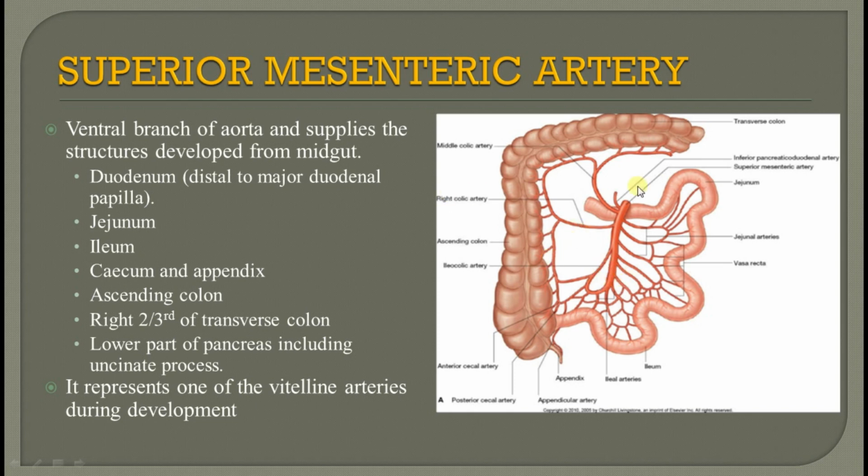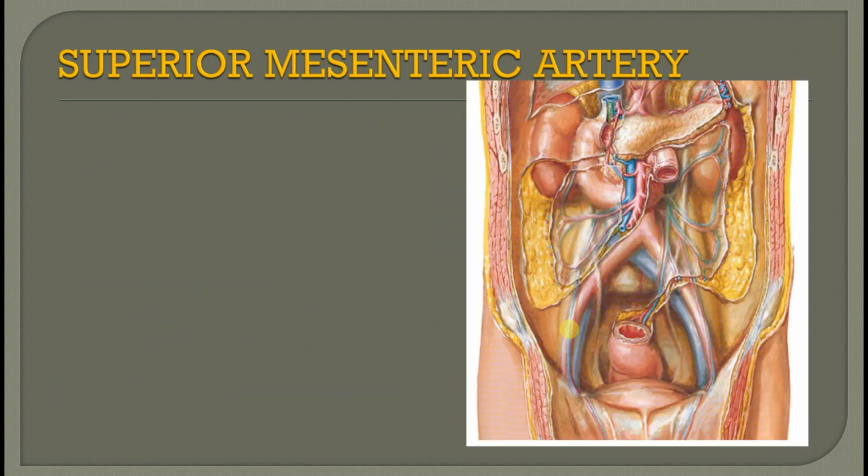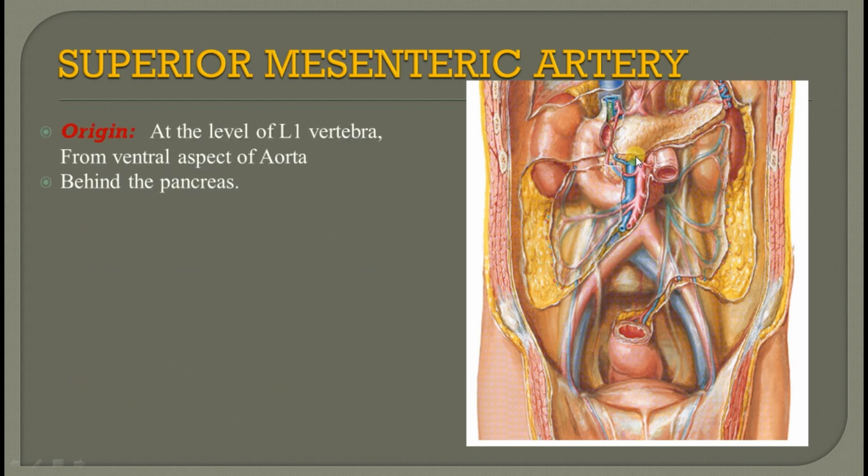One of the vitelline arteries is your superior mesenteric artery, so that is its origin. It originates behind the pancreas at the level of L1 vertebra. The next ventral branch from the aorta will be the inferior mesenteric artery.